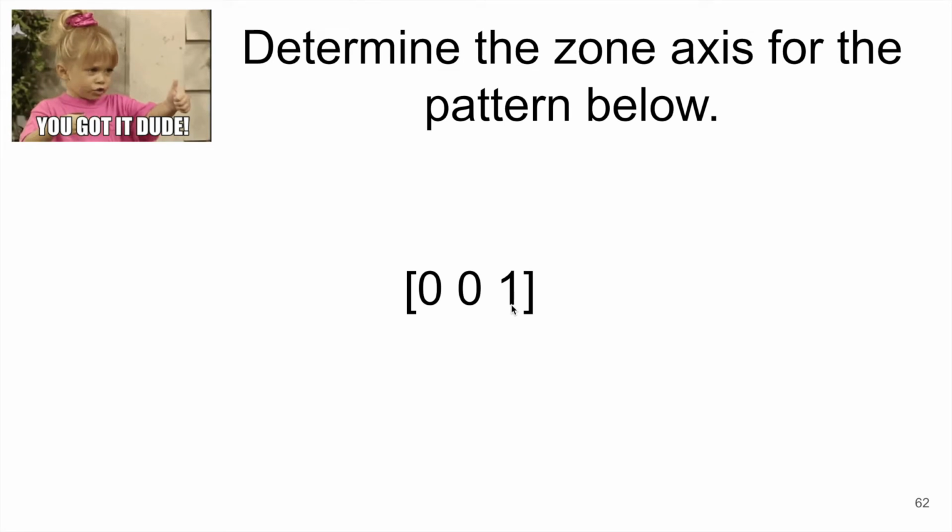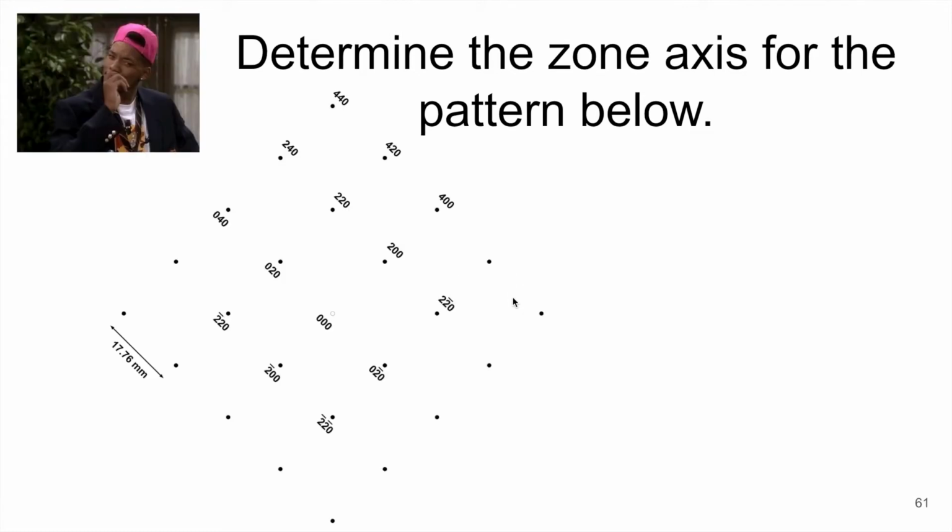So in the orientation that this diffraction pattern was taken, the electron beam in the TEM is parallel to the 0, 0, 1 direction, so parallel to the z-axis. And in that case, we will get this pattern.